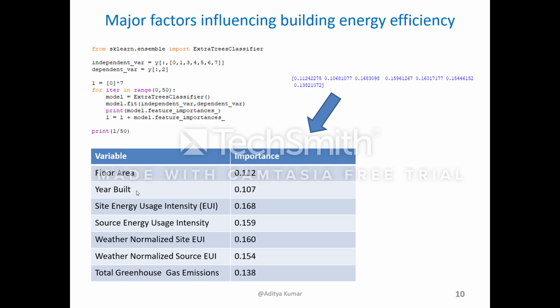For example, there might be several modifications made to the building which might improve its energy efficiency even though it was constructed earlier, and maybe a later building which was constructed was not very energy efficient, so it could have a lower energy efficiency.